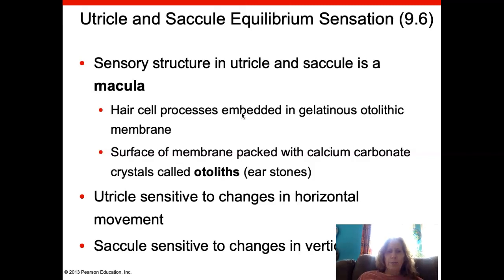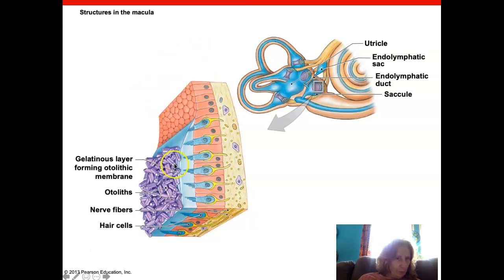And these crystals are in this gel, and when the crystals move during motion, they will stimulate the hair cells. So here are the crystals. Here, they're called otoliths. Lith means stone, oto is ear, and then here are the hair cells.